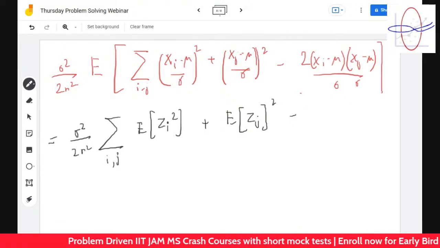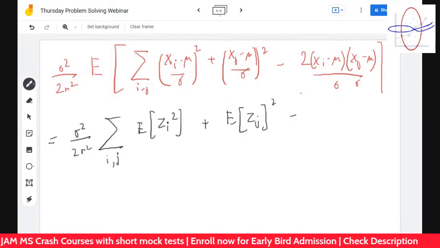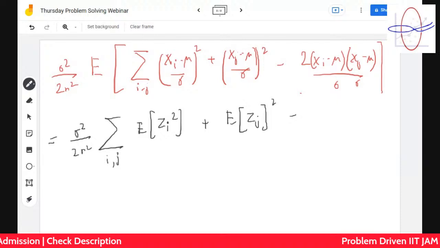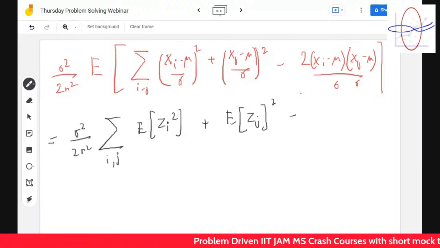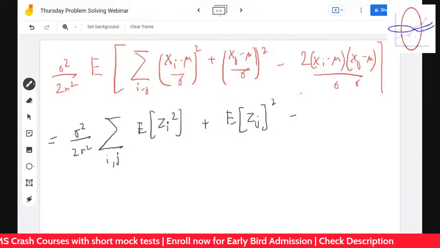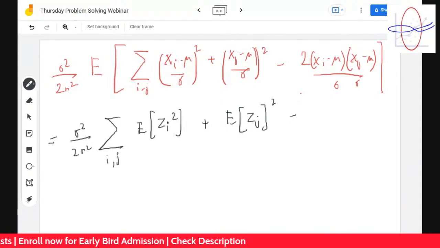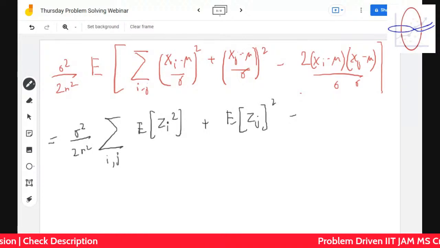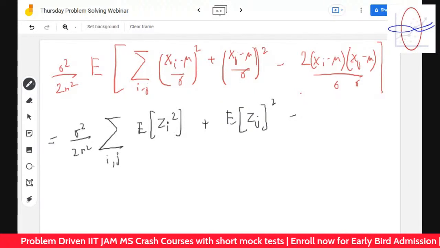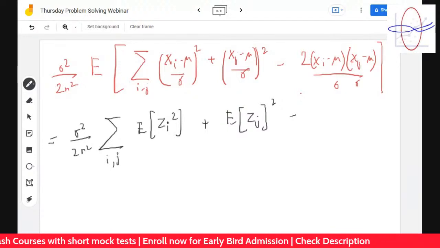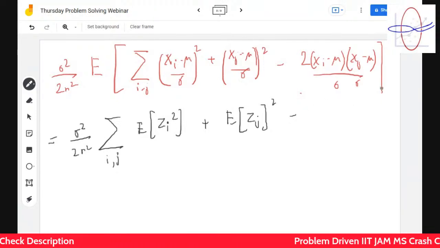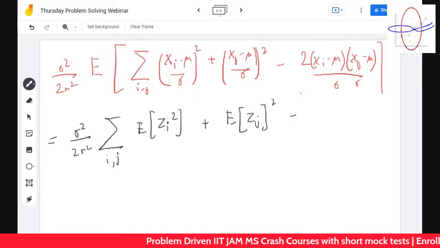Why is this 0? Tishika, why did you tell it 0? Sum of deviations from mean?